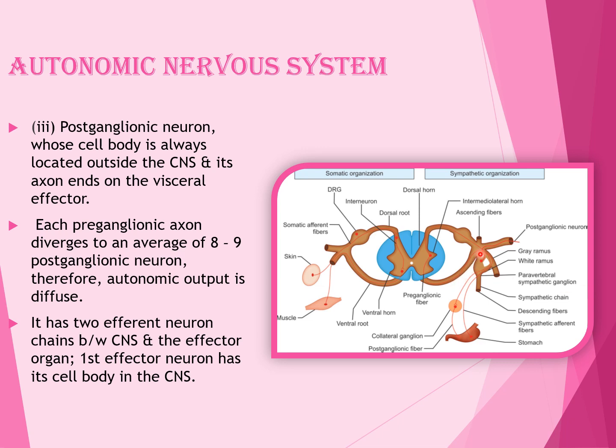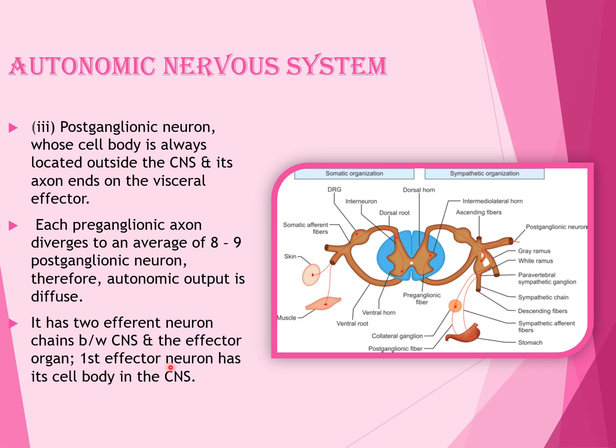Now, the postganglionic neuron, whose cell body is always located outside the CNS, and its axon ends on the visceral effector. Each preganglionic axon diverges to an average of about 8 to 9 postganglionic neurons. Therefore, the autonomic output is diffuse, and it has two efferent neurons, the preganglionic neuron and the postganglionic neuron.